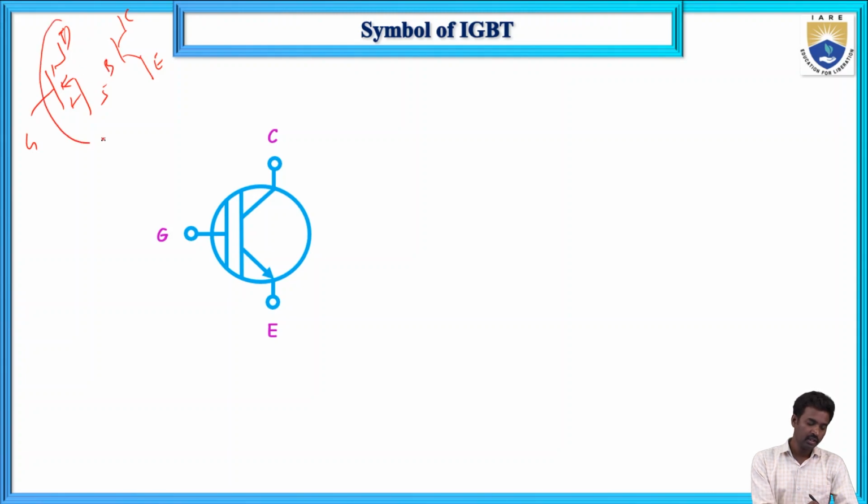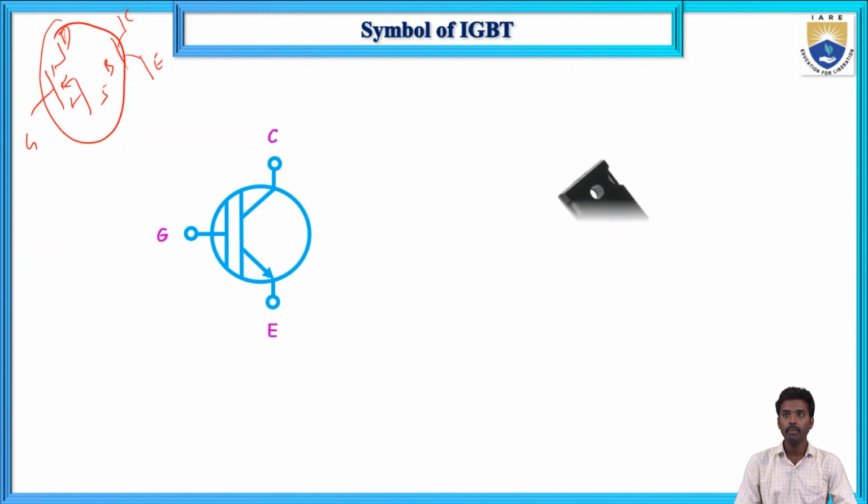But here, the input is of power MOSFET and the output is of power BJT. So the terminals are collector, emitter, and gate.